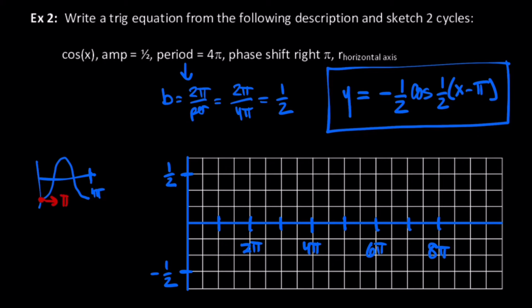So this point here is going to go right pi. It's going to go right to that point. And then from there, what am I doing? I'm going up because I'm following this. So I'm just replicating that over here. Okay. So take that point, move it right pi. It goes right there. There's your minimum. So as you move to the right from the minimum, you go midline, maximum, midline, minimum, and you just keep following that pattern.